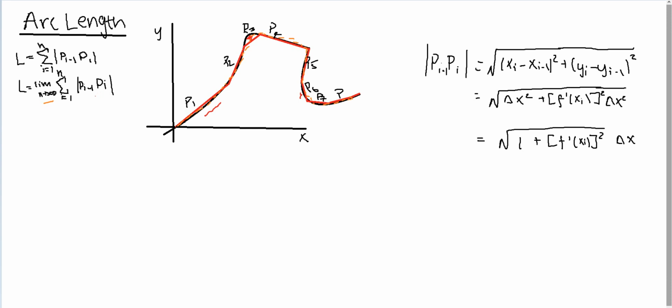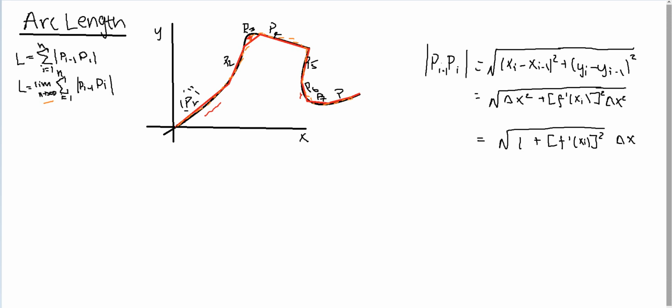So let's get to discussing what |P_{i-1}P_i| is equal to. Over here on the right of our illustration, we know that |P_{i-1}P_i| is equal to the square root of (x_i minus x_{i-1}) squared plus (y_i minus y_{i-1}) squared. This is because we have our graph on the xy-plane, and we know that P_i is just a point along our curve, which means that there is definitely going to be an x coordinate and a y coordinate.